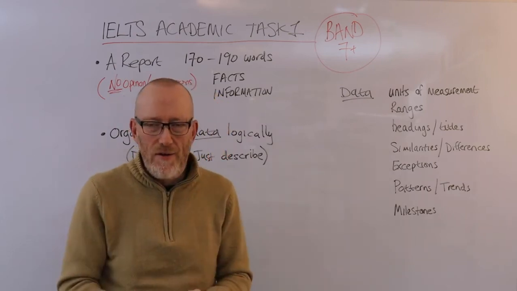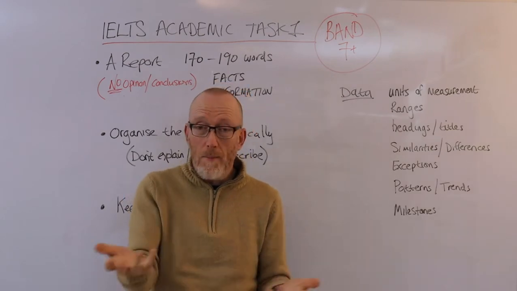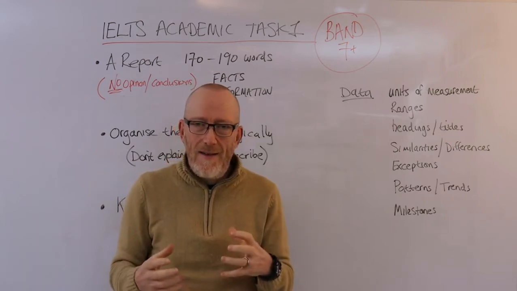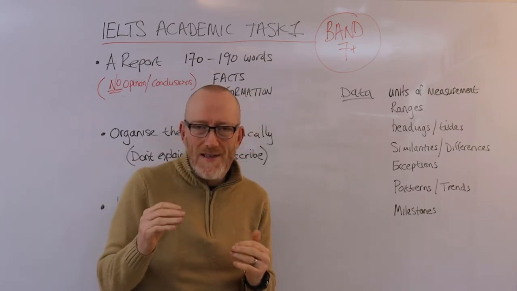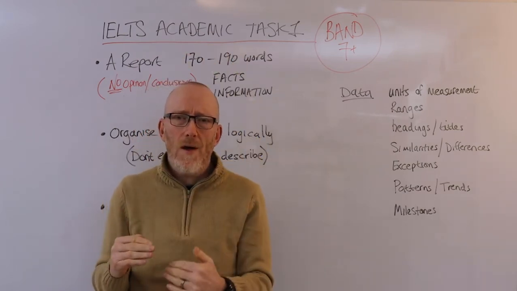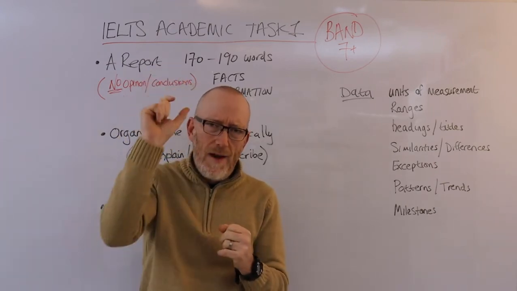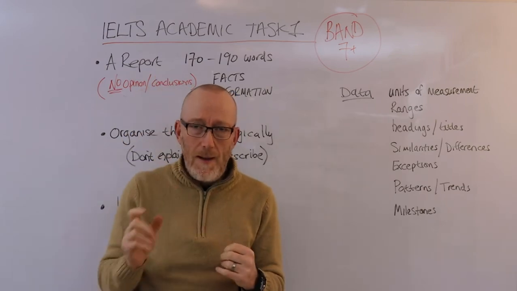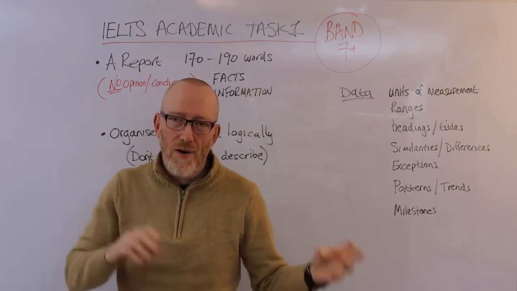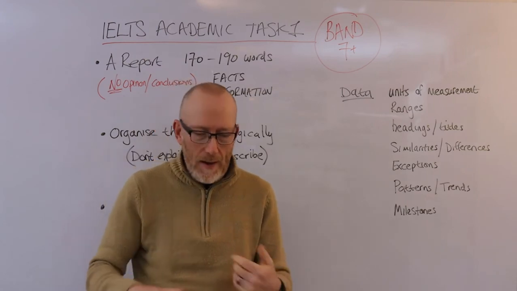Within the data that you're given, particularly with line charts, or even bar charts or pie charts, there will be some data that perhaps reaches a high point before it drops down, or reaches a low point before it starts to rise again. Those milestones are key points or key parts of the data. Milestones are things that you should look for in the data that you're given, in whatever form that you're given it.